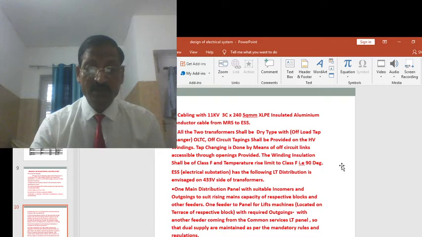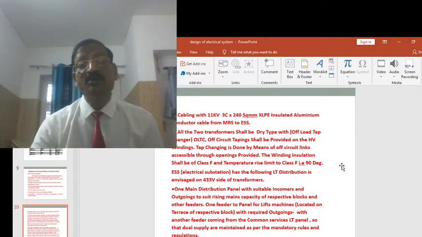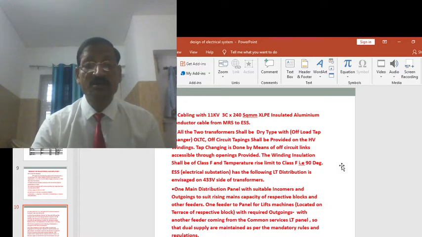One feeder to the panel for lifts and machines located on the terrace of the respective block with required outgoing, with another feeder coming from the common service LT panel, so that the supplies are maintained as per the mandatory rules and regulations. For example, for lifts and for your ventilation systems, we always provide a standby power supply from the LT panels.